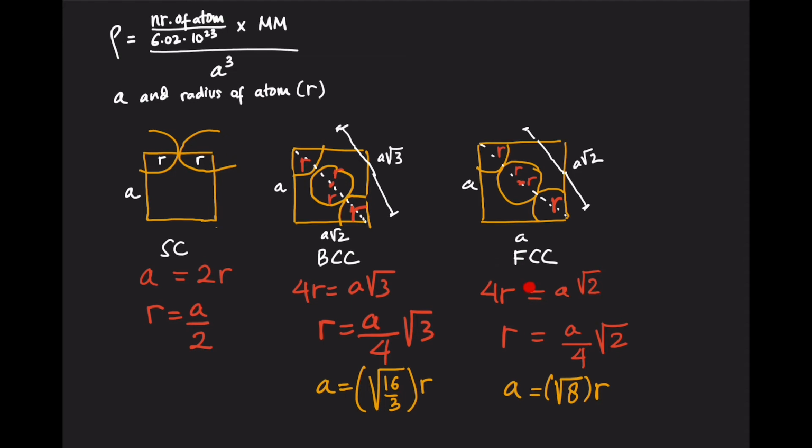And for the FCC, we can substitute A with square root of 8 multiplied by R. And we can also fill this into this value, and don't forget to raise it to the power of three. So we get the volume, and with this approach, we will get the density of each of the cubic arrangements.